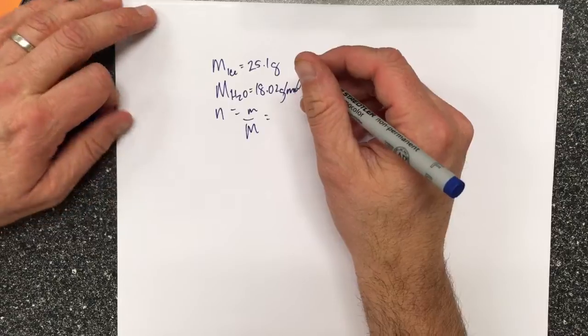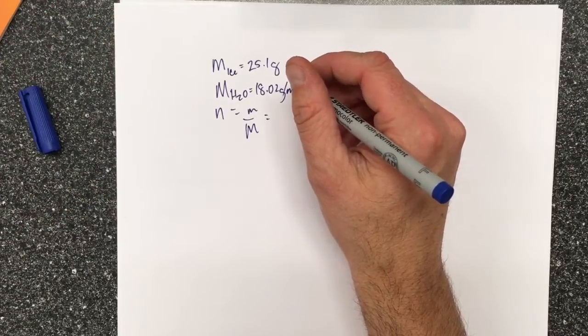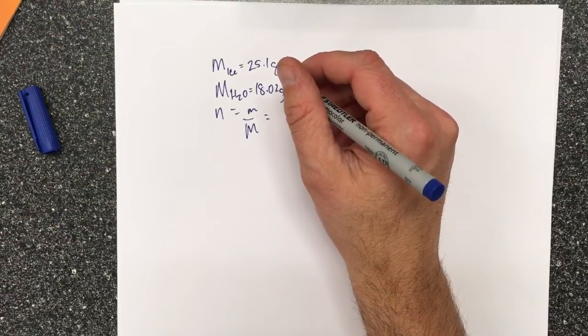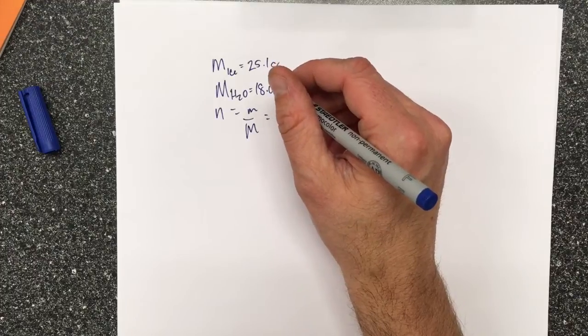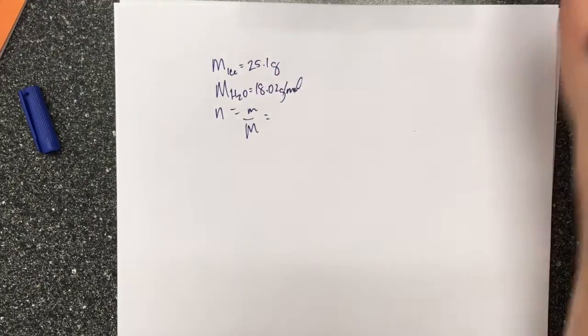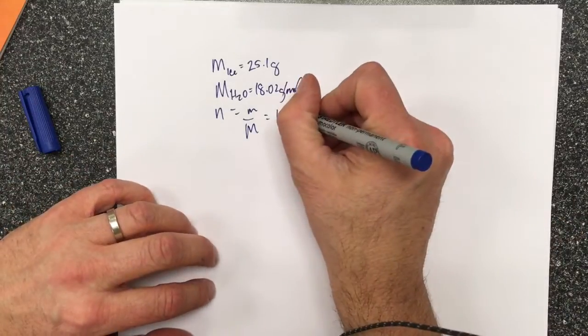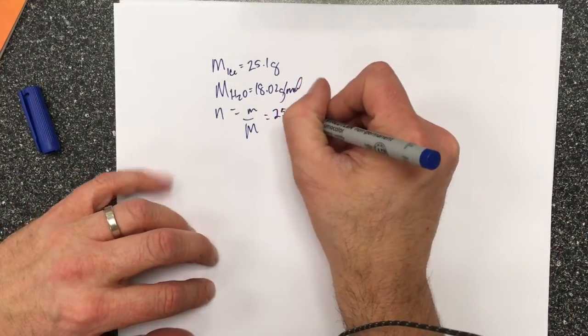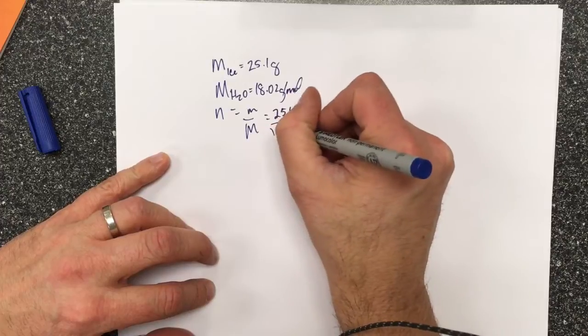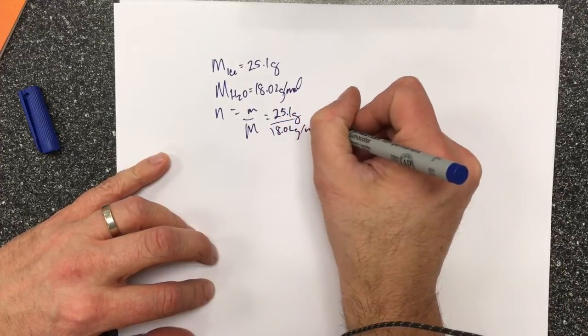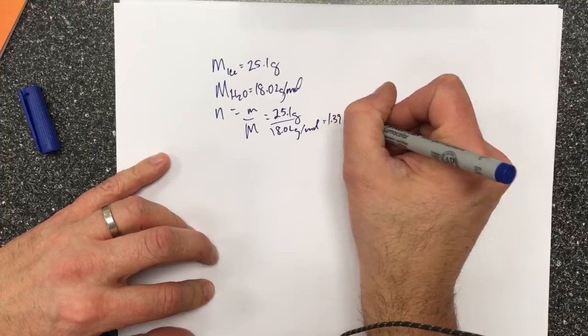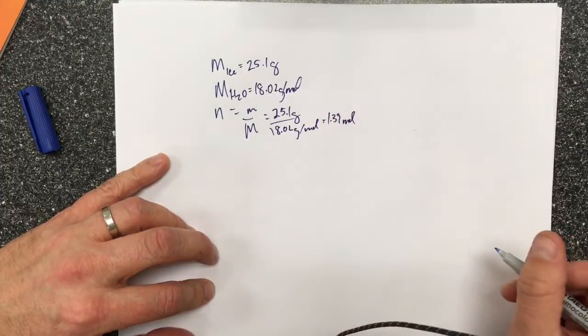And if I put that into my calculator, 25.1 gram divided by 18.02 gram per mole, this is 1.39 mole of ice melts.